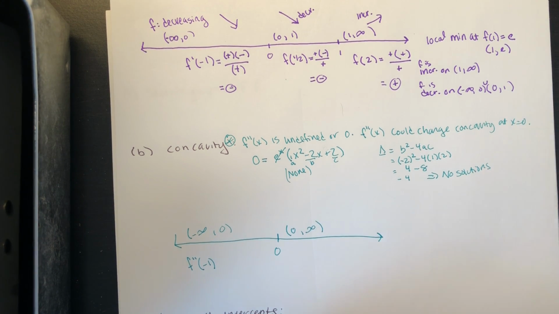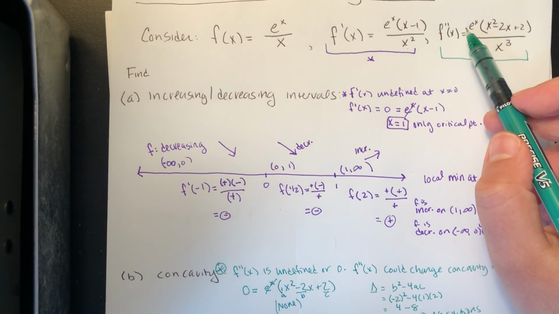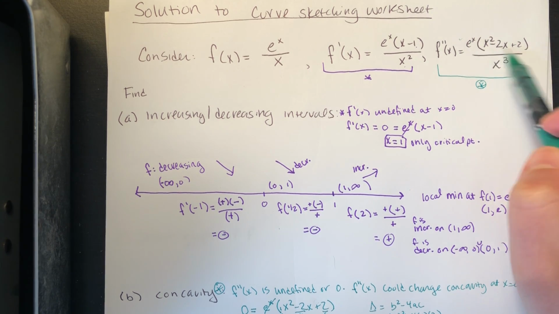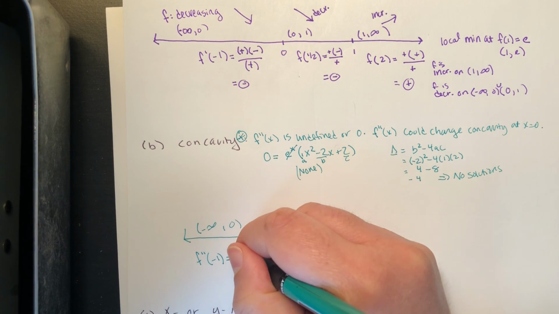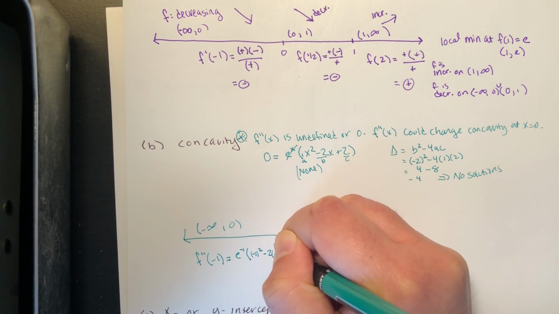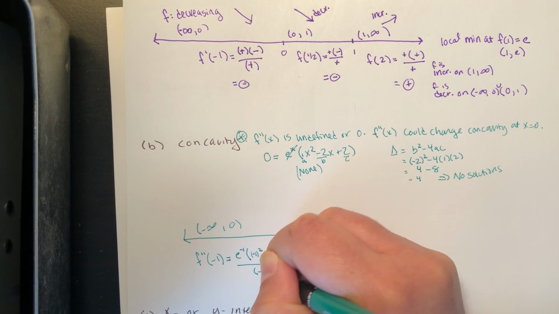Let's see, if I plugged in negative 1 into the original second derivative function, well, e to the anything is positive. If I plugged in negative 1 here, I better actually do it so I don't make any mistakes. I'm going to get e to the negative 1 times negative 1 squared minus 2 times negative 1 plus 2, all divided by negative 1 cubed.